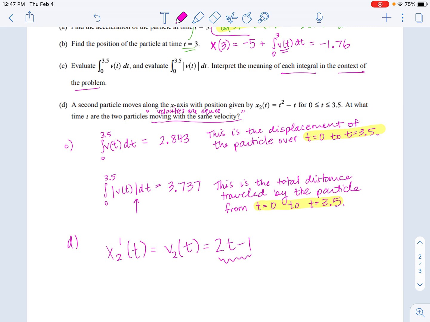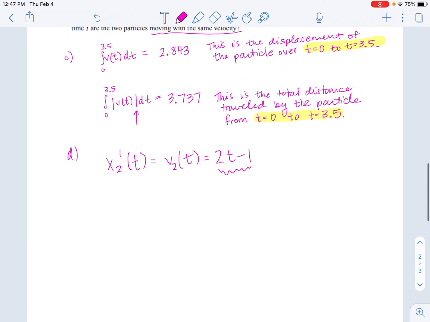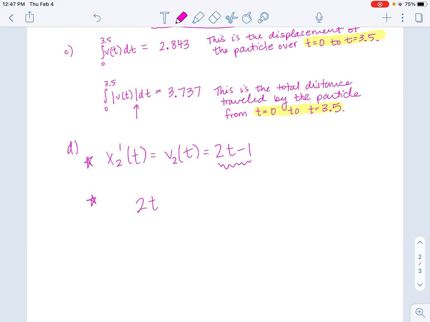So we want to set this equal to the original function they gave us. So what we have to do to score points from the judges, we first of all have to show where 2t minus 1 came from and use the proper notation. Second thing we have to show is an equation, set up that I'm going to solve. So 2t minus 1 set equal to the function they gave us, which again they named v of t, is the equation I'm going to solve.